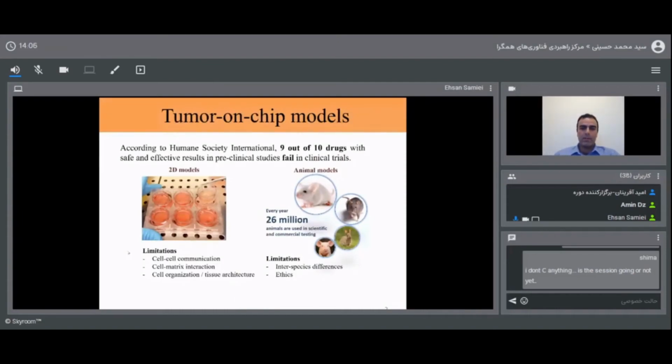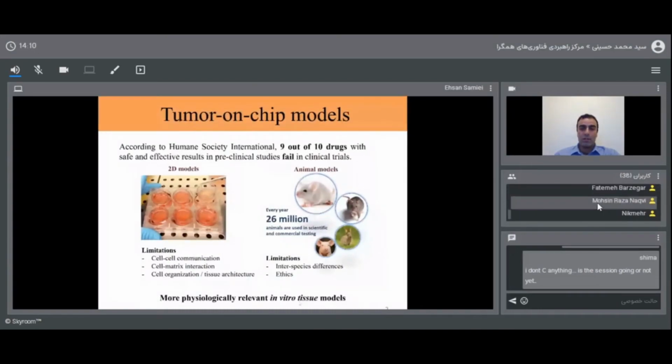This demands more physiologically relevant in vitro tissue models to fill the gap between preclinical studies and the clinical trials.